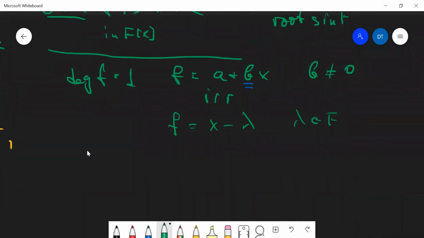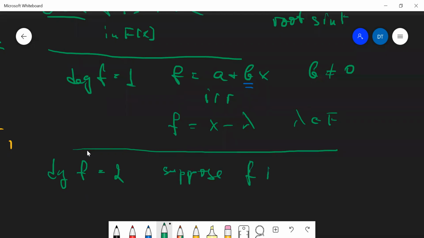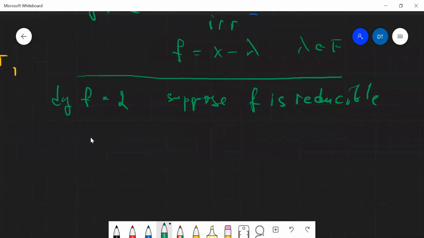Now, let's prove the claim. So what does it mean? Well, suppose that the degree of f is 2. What does it mean that f is reducible? Suppose f is reducible. It means that you can present f as a product of two polynomials.